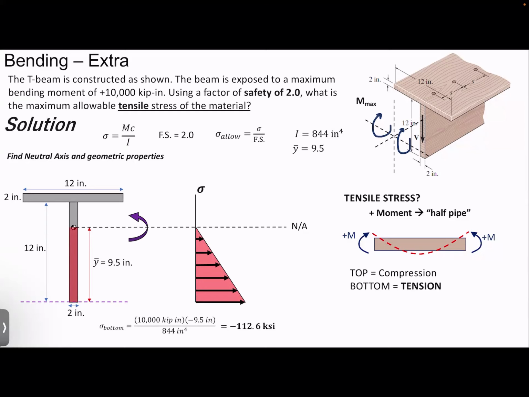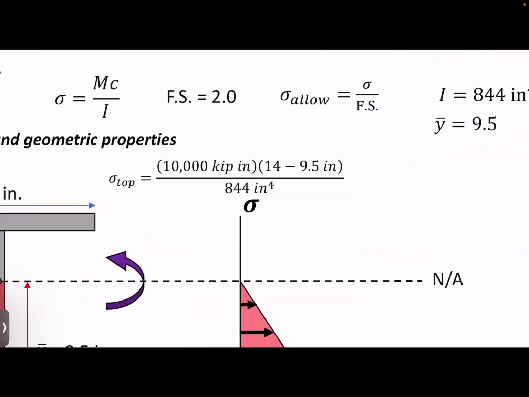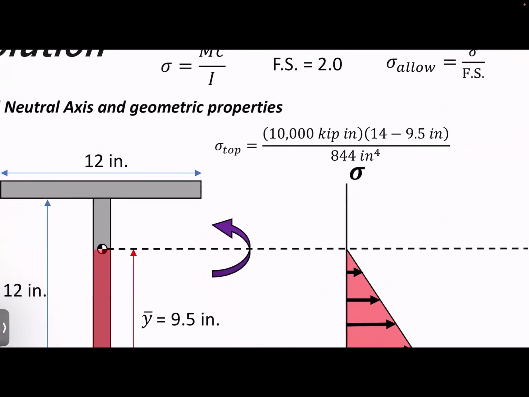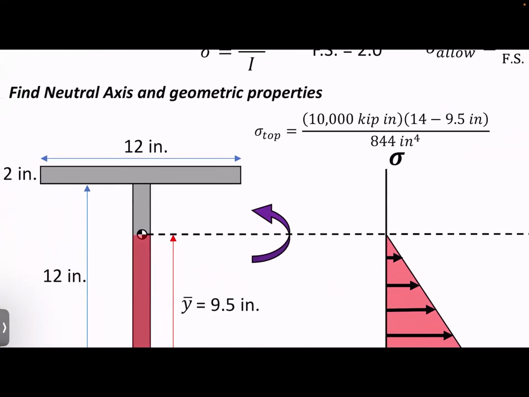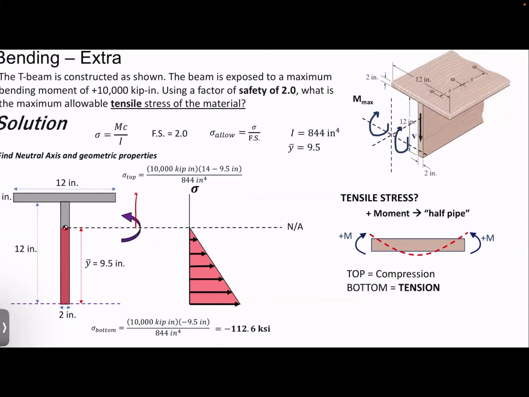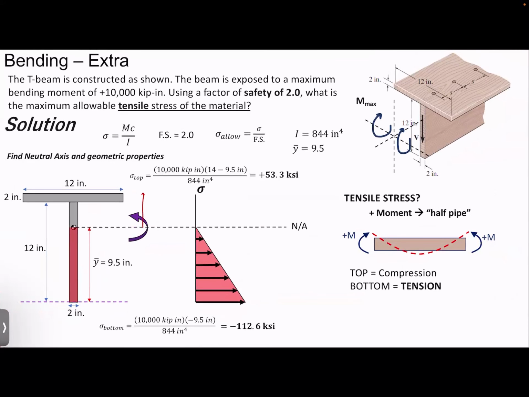So if we did care about the top, we could calculate that. We have the same max moment of 10,000 kip-inch, but now instead of the y of 9.5, we do this distance here, which is 14 minus 9.5. And this would produce 53.6 KSI, which follows and continues this way. So you can see in this case, since it's not symmetrical, our top axial stress is not equal to the bottom axial stress.